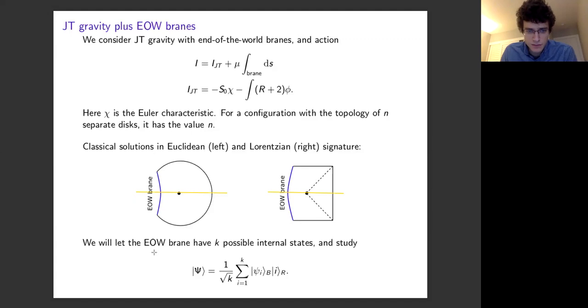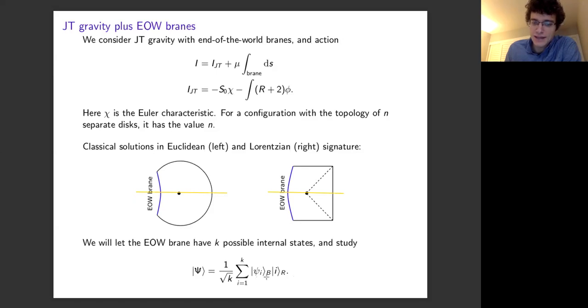So let's think about the state we want to describe. We're going to let this end of the world brane have k possible internal states. And we're going to study a state of a combination of the JT gravity system and a reference system.